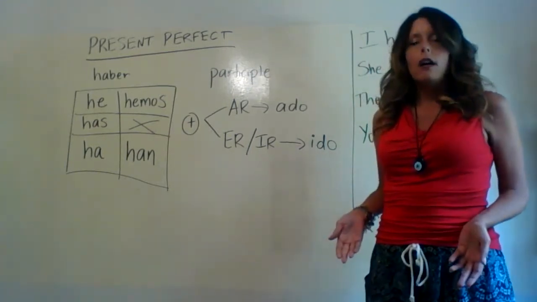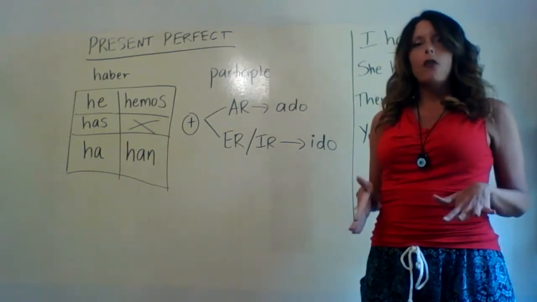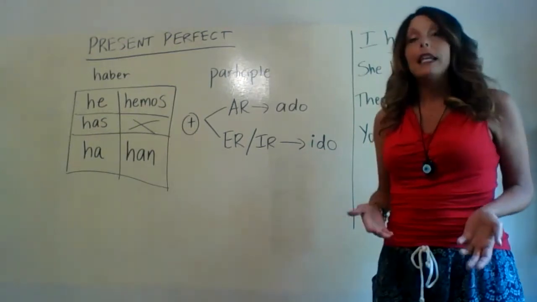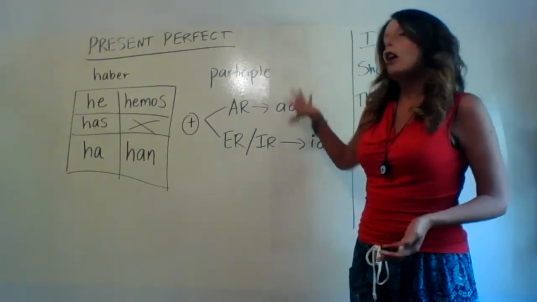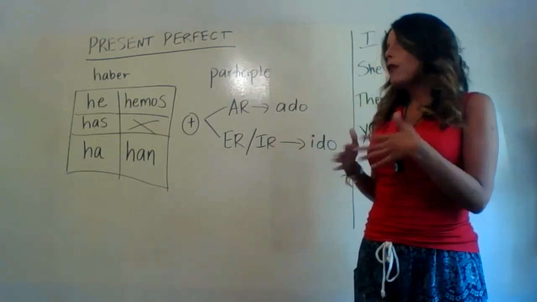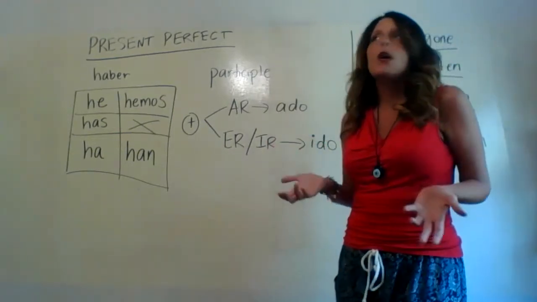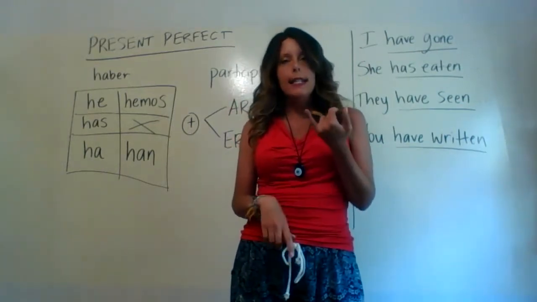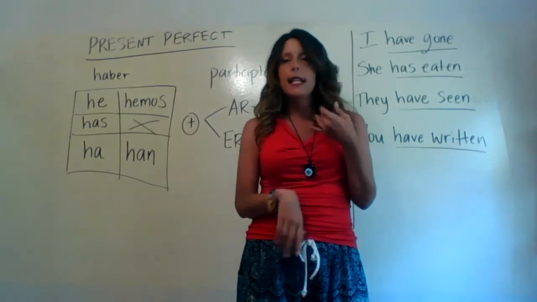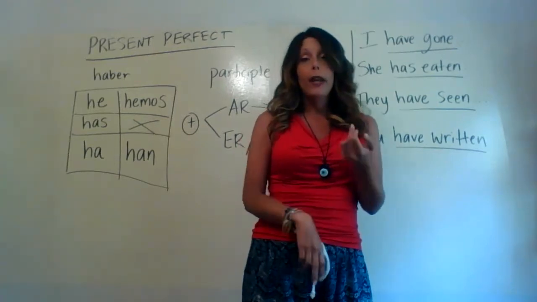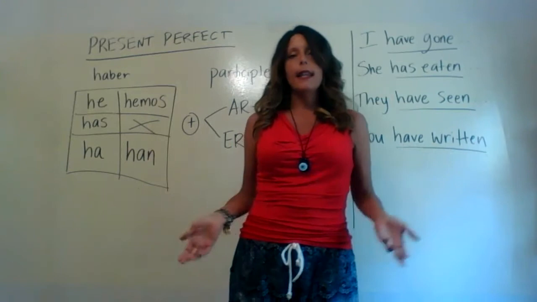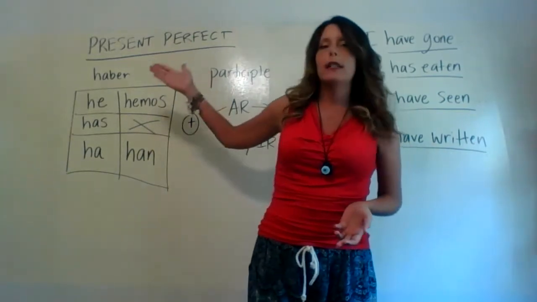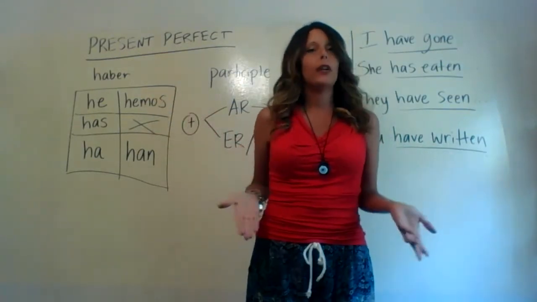Remember there are some things I told you to be careful about in the prior video, and also that there are some irregular participles, but these are the regular ones. So if I wanted to say, I have gone to the store, she has eaten at that restaurant before, they have seen that movie, you have written the composition, I would be using the present perfect, called el presente perfecto.